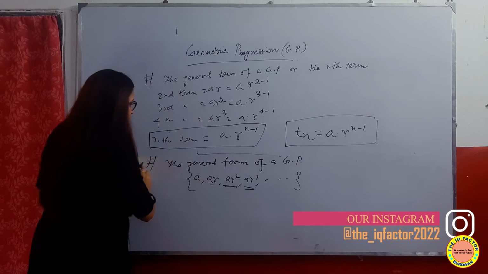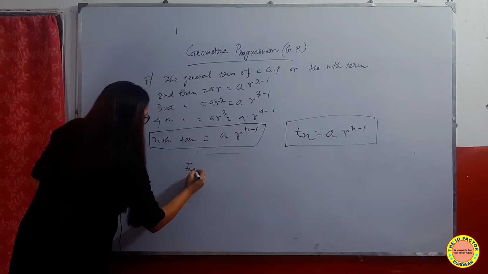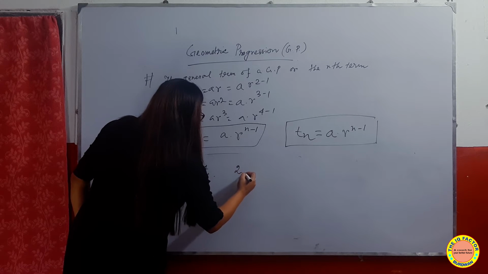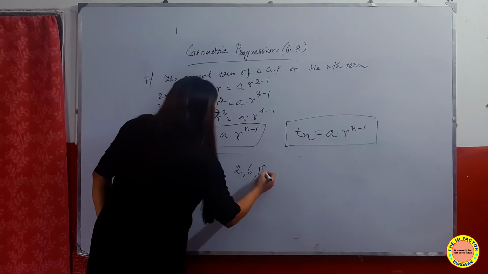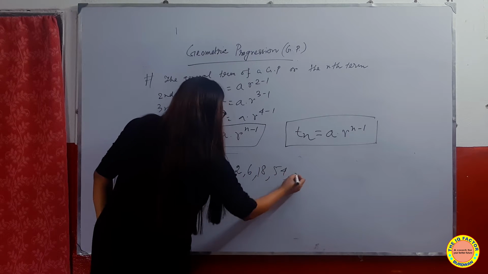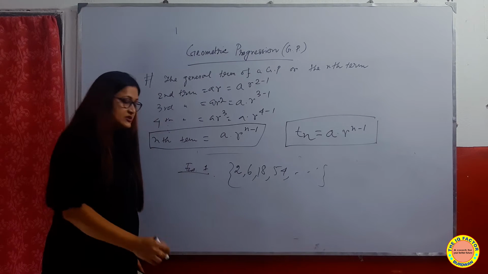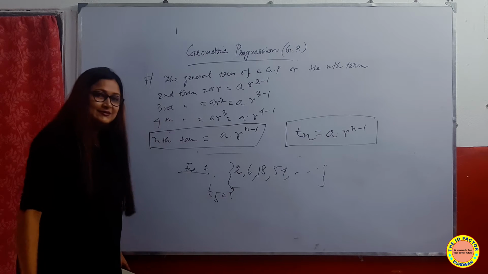Now you can find out if I give one example. Example 1, suppose it is 2, 6, 18, 54, and my question is to find out the fifth term, that is T5. Can you find it?